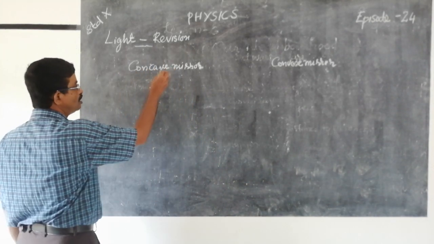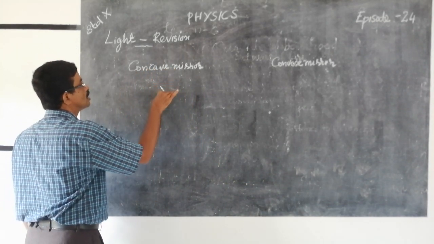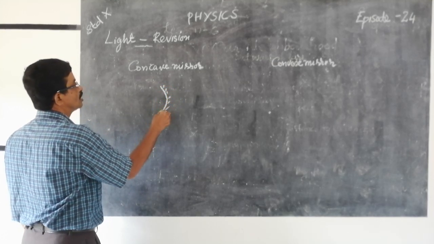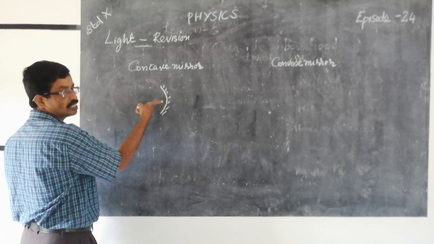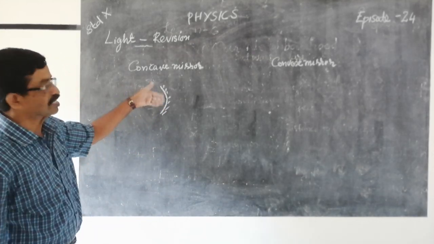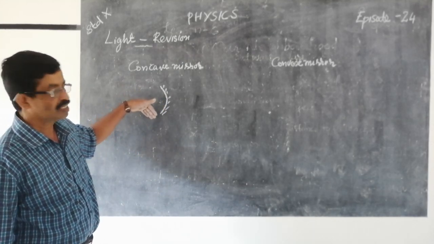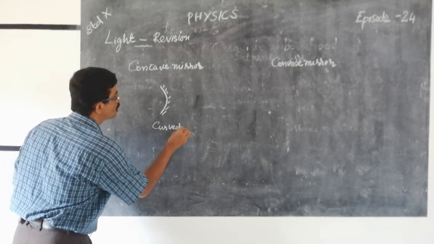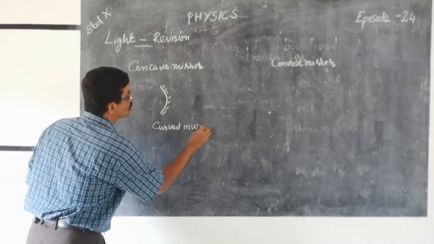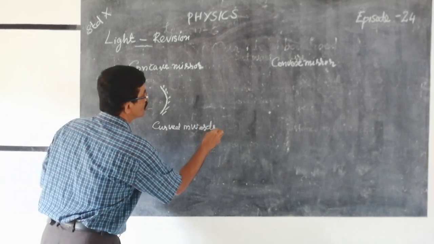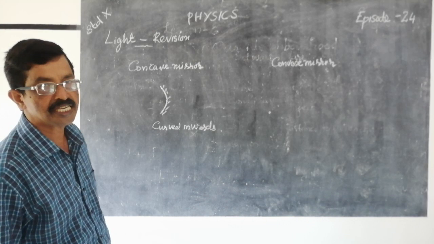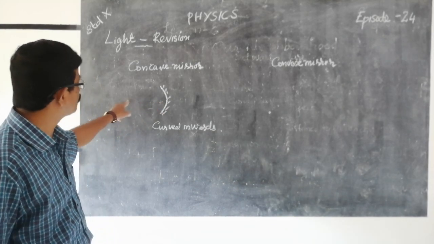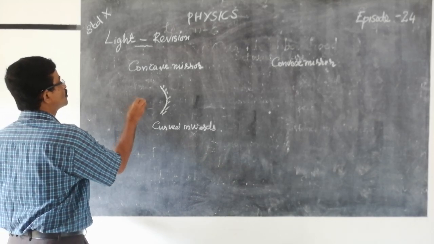In the case of a concave mirror, the reflecting surface is curved inwards, or the reflecting surface is towards the center of the sphere.